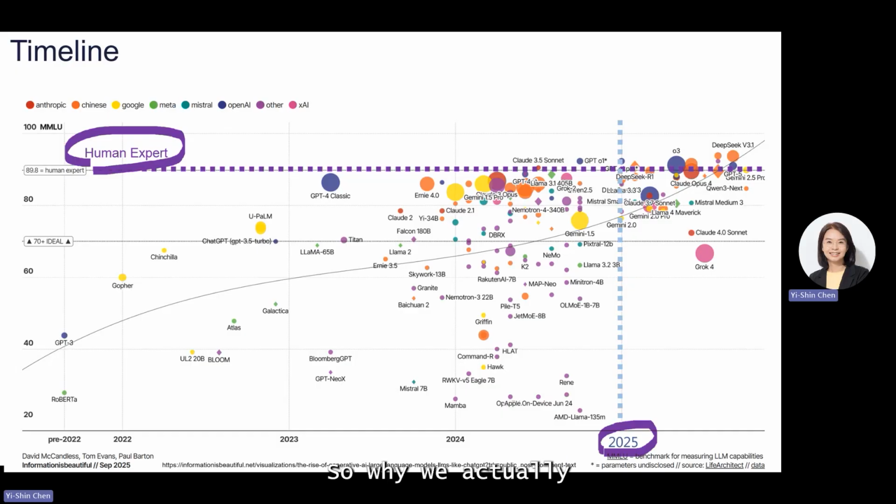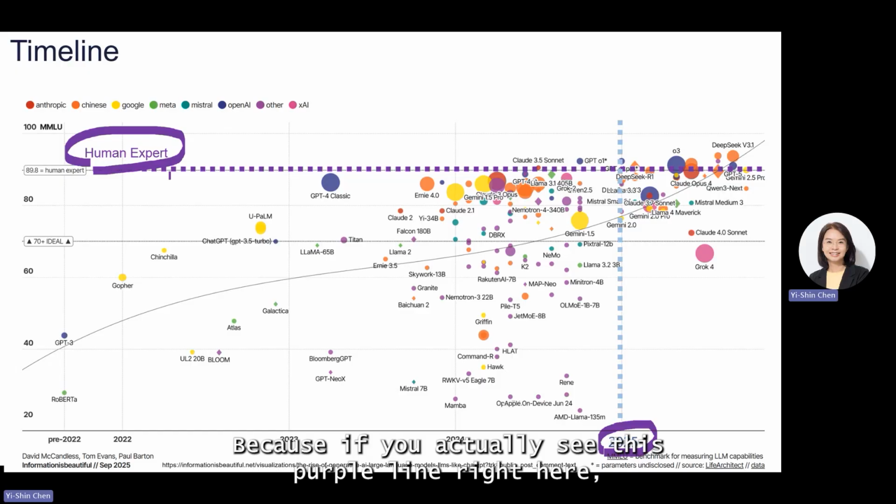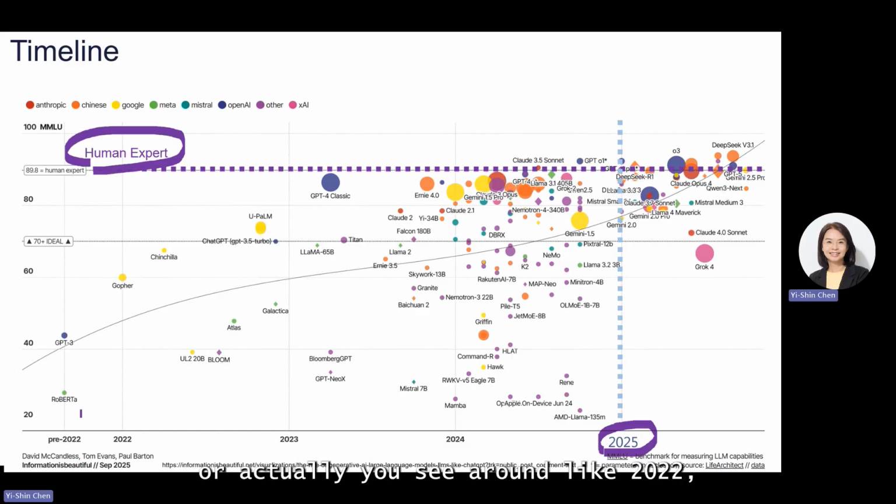So why do we say this is the one you need to pay attention to? Because if you see this purple line around 2022, we mark it as pre-2022, because you can see GPT show up around here.